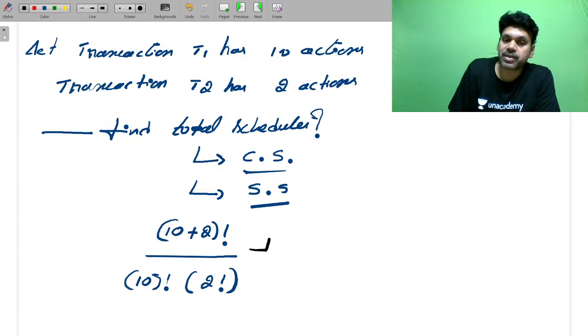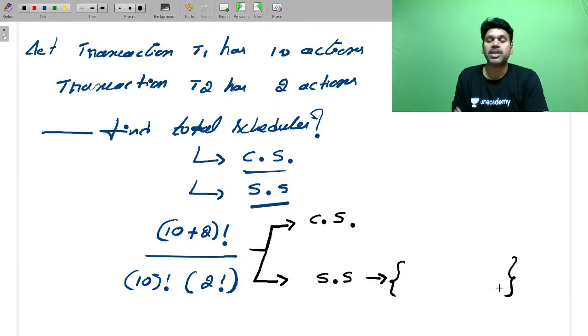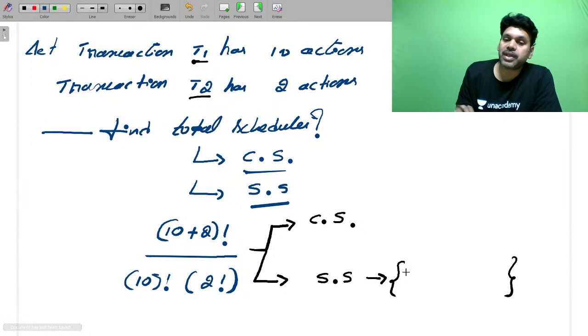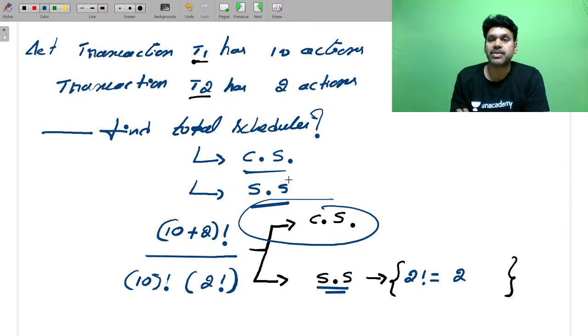Some of these are concurrent schedules and some are serial schedules. So can you guess how many serial schedules there are? Yes, I can guess very easily. As there are only 2 transactions, it is 2 factorial, which is nothing but 2. Serial schedules are 2, and the remaining all come under concurrent schedules.